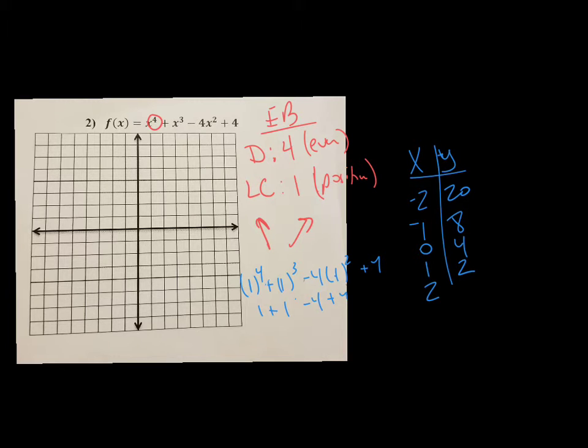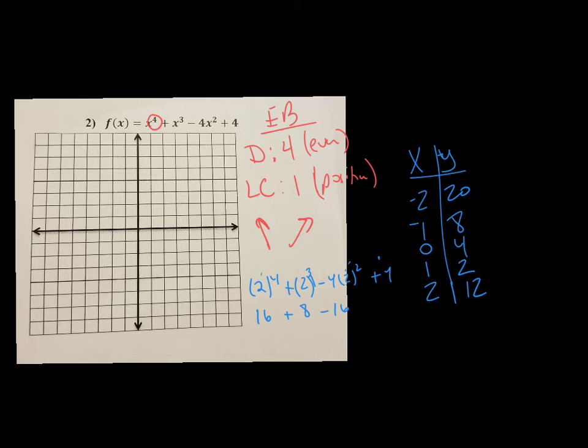Now I'm going to plug in 2. I get 2 to the 4th, which is 16, plus 2 to the 3rd, which is 8, minus 4 times 2 squared, so I get minus 16, plus 4, I end up with 12.